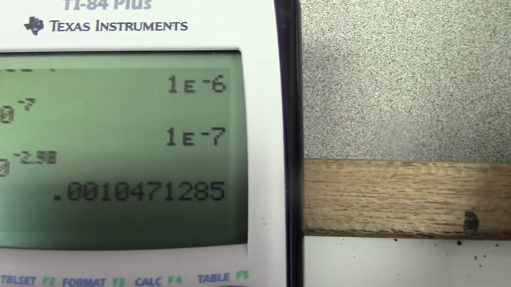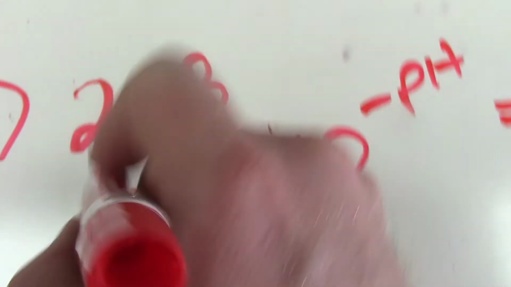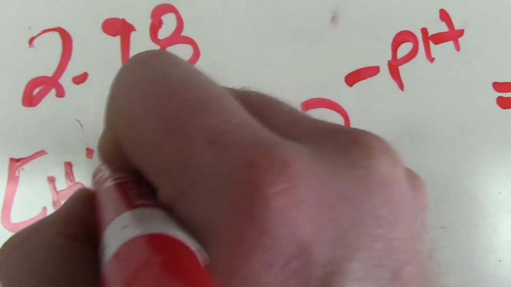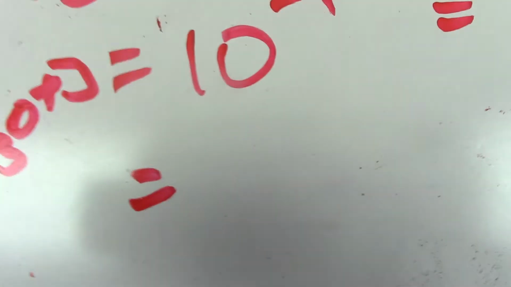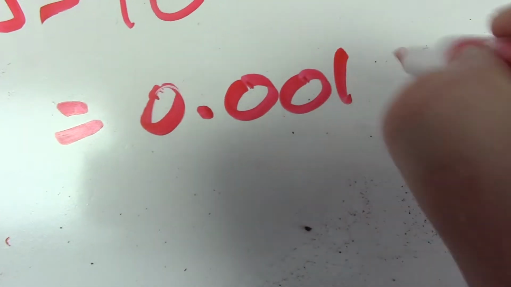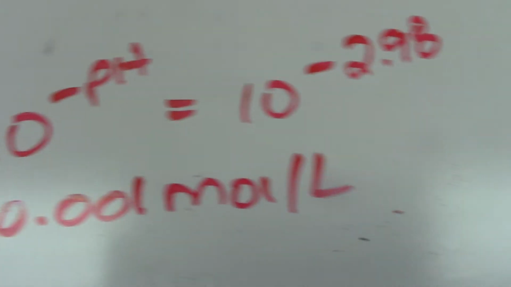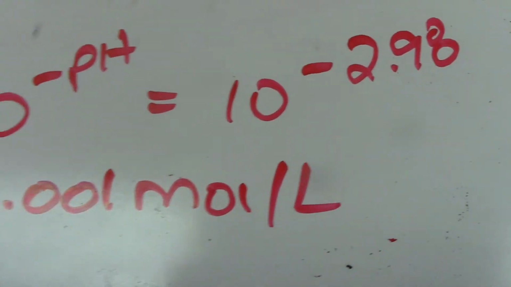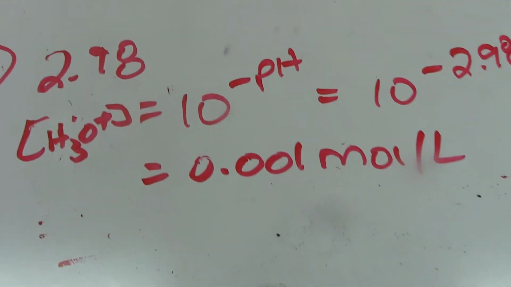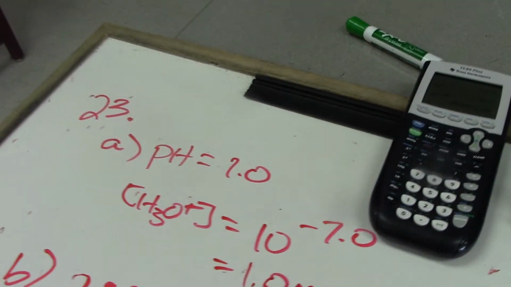What do we come up with? 0.001. Okay, so this is hydronium ion concentration. Okay, and that is how you solve quantitatively for pH. So those practice questions are on page 183.